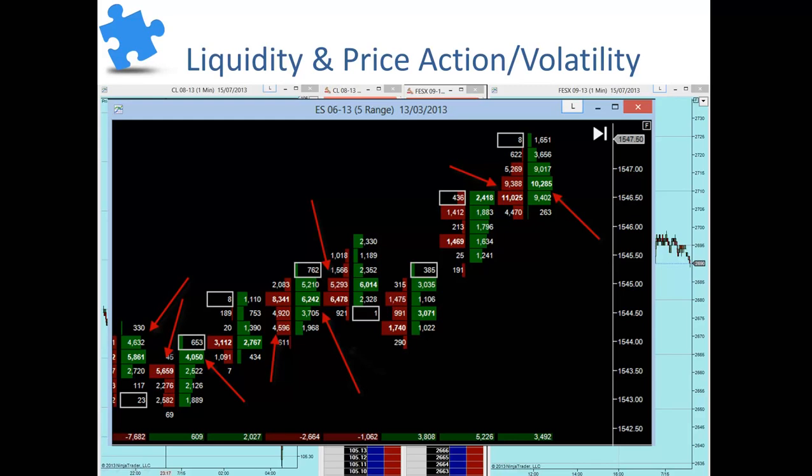It's also important to not keep throwing money at your method, hoping it will all work out. It's much better to find a market that has the liquidity and volatility levels that you're used to trading than trying to force a technique onto a market that's really not suited for that anymore. So, do we have any questions at this point on liquidity and price action?